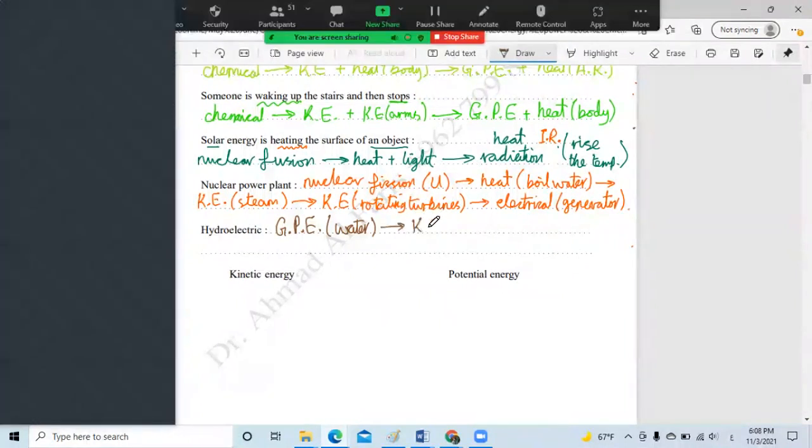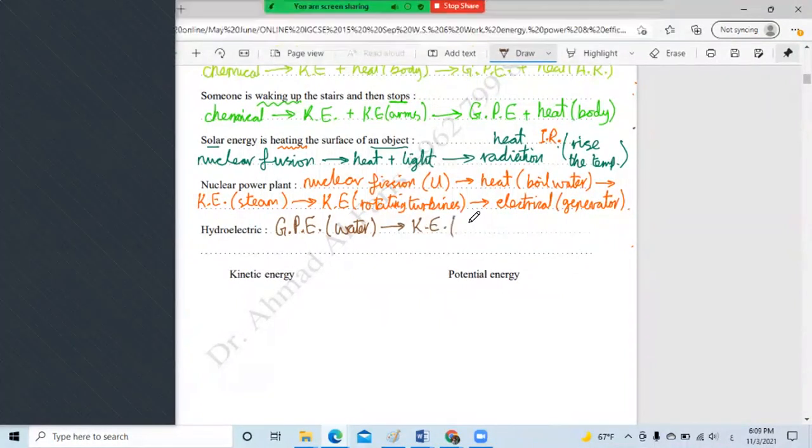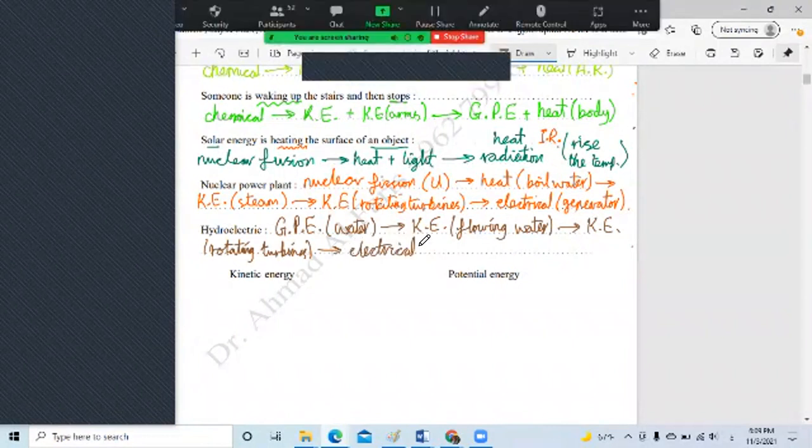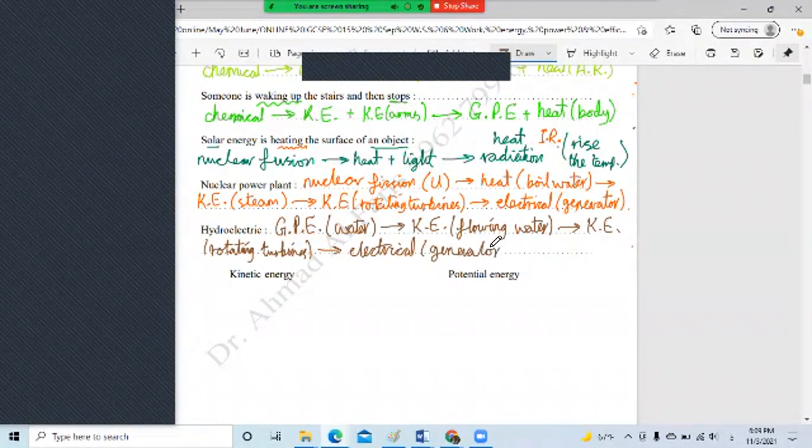It becomes kinetic energy by flowing water through pipes. And this flowing water also becomes kinetic energy in rotating turbines, and these rotating turbines eventually become electrical energy as the generators are rotated. Generators, yes, bravo.